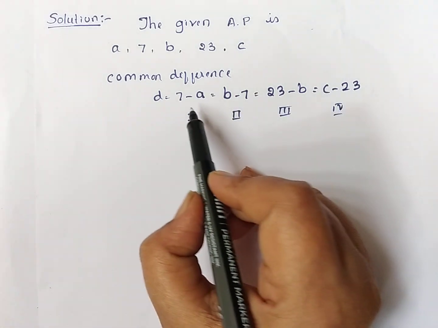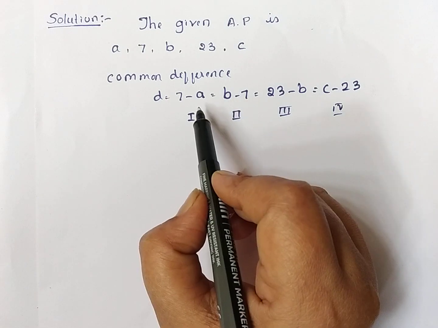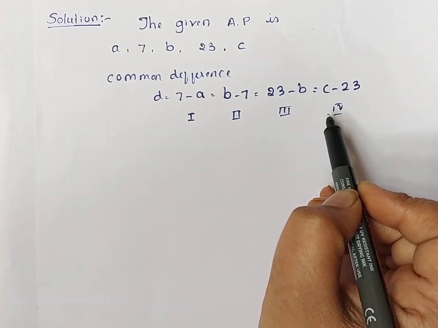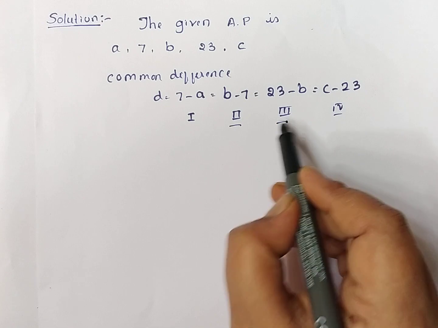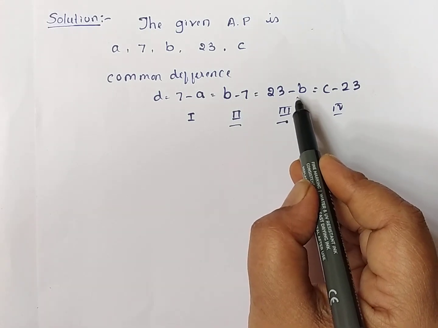Now by using the first and second equations, we can find the value of B, or second and third, or third and fourth. First we will consider the second and third equations, because B is there in both.